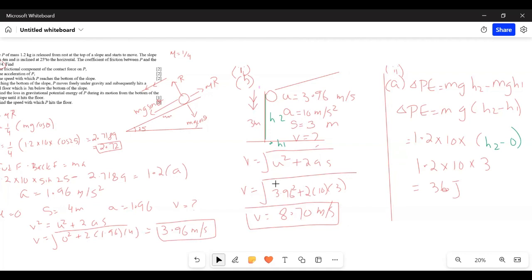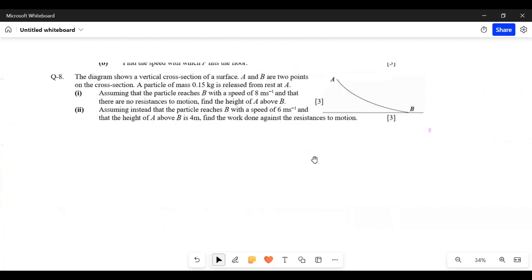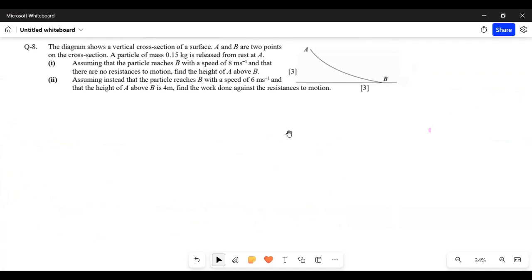Okay. Question 8. The diagram shows a vertical cross-section of a surface. A and B are 2 points on the cross-section.